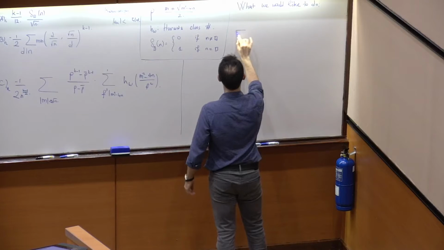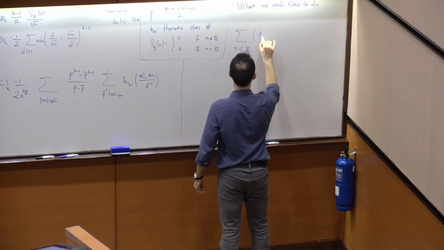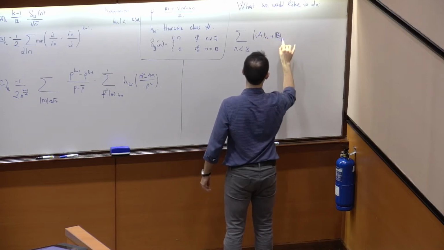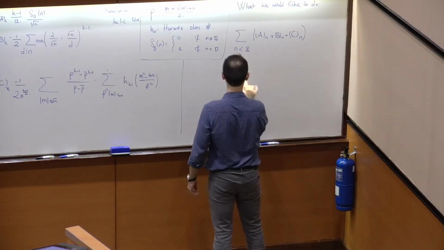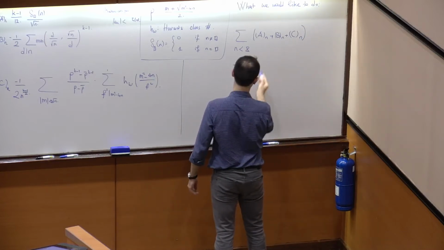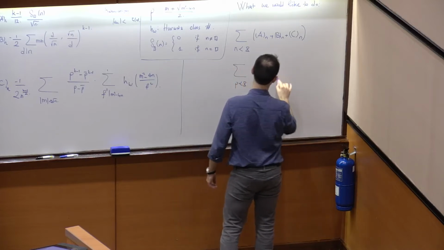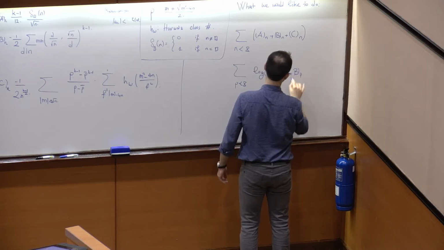is to calculate either this, or the analog of that for the sum over primes of a_p plus b_p plus c_p.